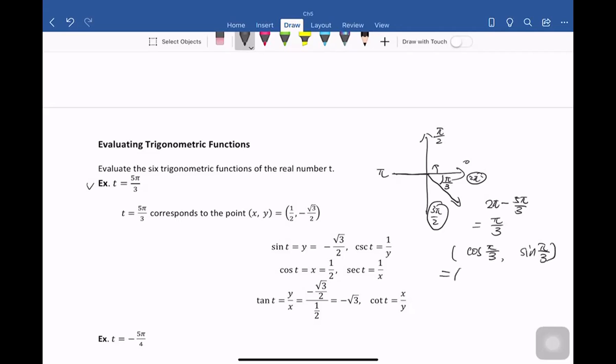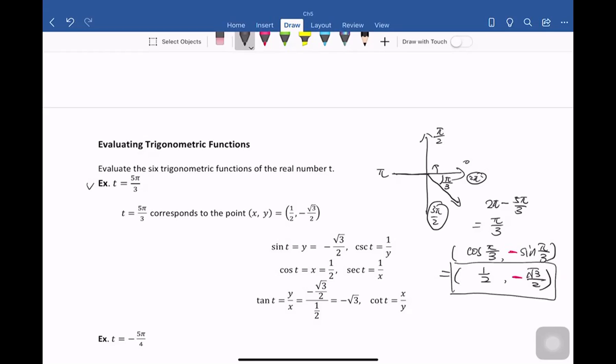What are they? This is 1/2. This is square root of 3 over 2, and they are in the fourth quadrant, so the y value must be negative. So this is the way we find the point.